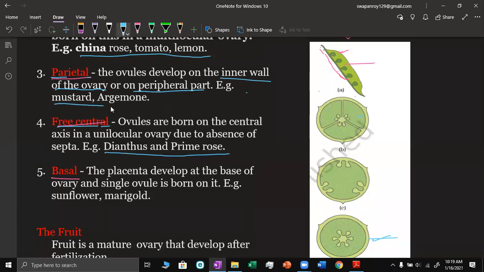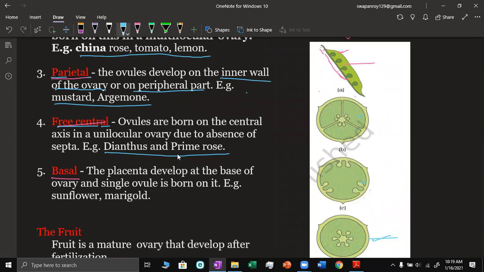Example, mustard, argemone. So here the ovules are attached to the inner walls of the ovary. All these things are the cross section of the ovary.